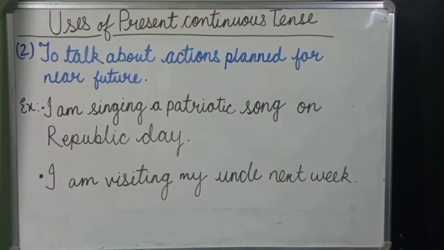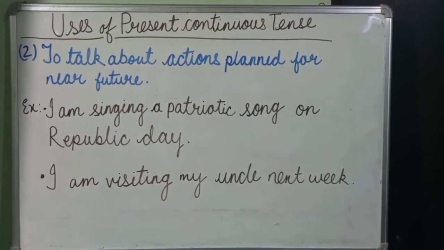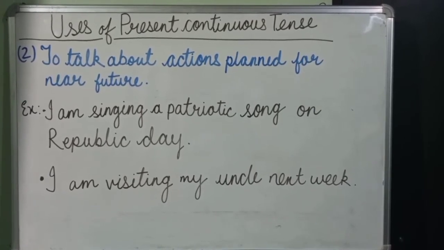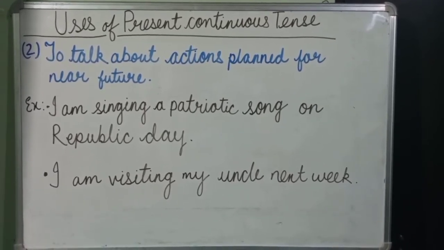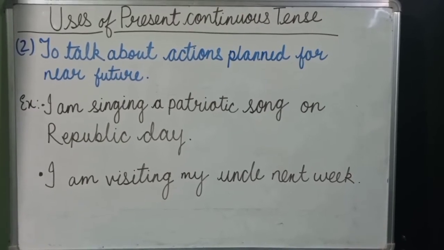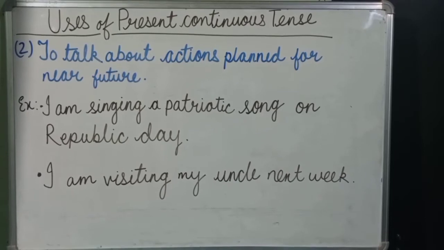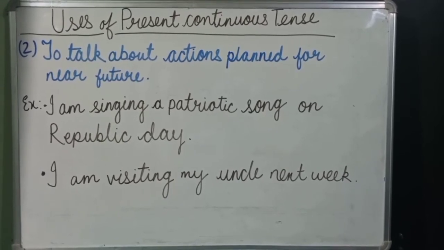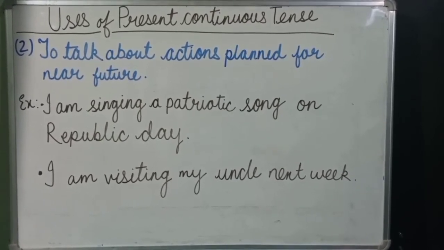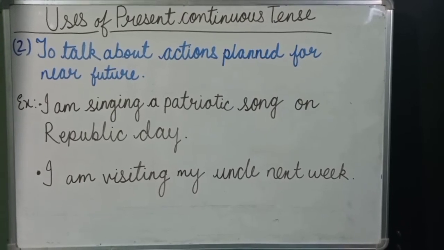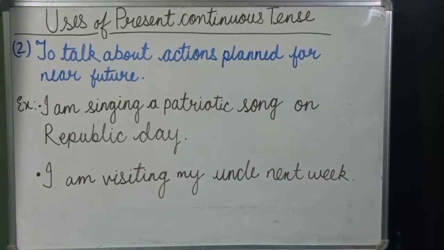Here, the one is not singing at the moment but will be singing in near future on Republic Day. Example 2. I am visiting my uncle next week. Here, the one is not visiting his uncle right now, but will be visiting in near future, that is next week.